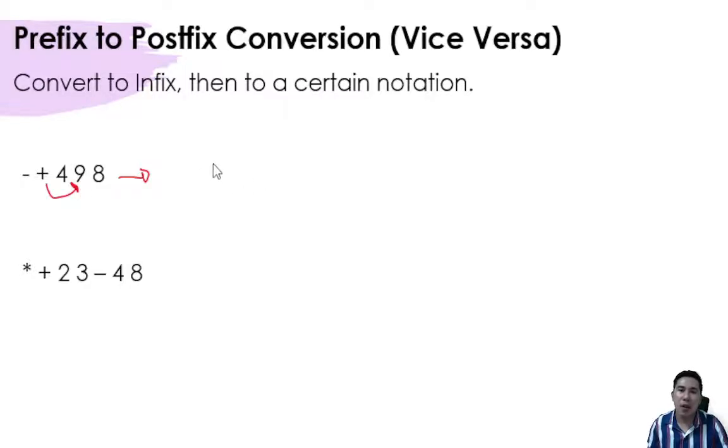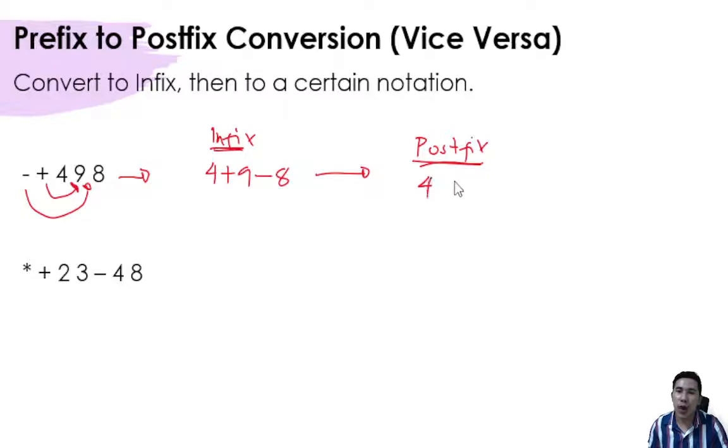So we have 4 plus 9, and then the next operator is minus, so we have here 8. Okay, after that, this is now the infix. Then this is your postfix. In your postfix, based on this notation, you will write 4, 9, and plus, and then 8 minus.